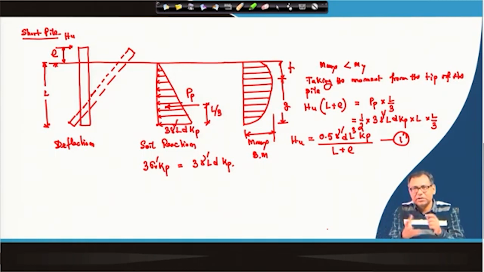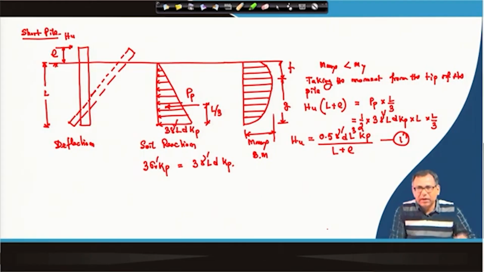Definitely for the short pile that is the must condition, that the maximum moment should not be greater than the M y.